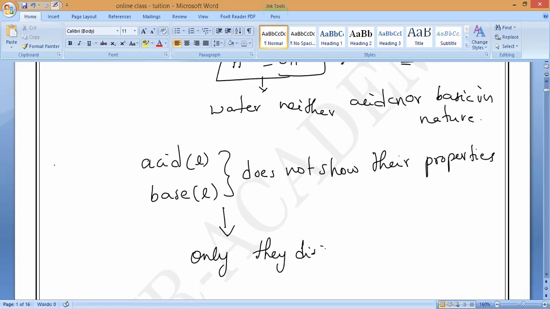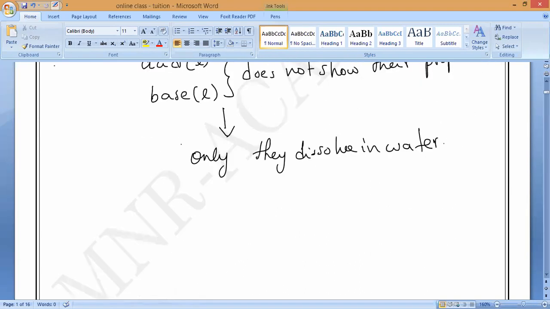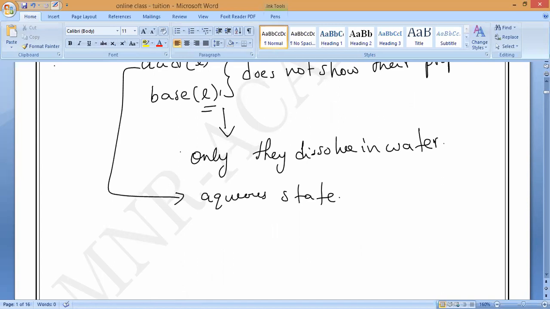Any substance dissolved in water, what should we call it? It is not called liquid state. We call it aqueous state. That is what you have to remember. So when an acid is dissolved in water, we call it an acid solution.